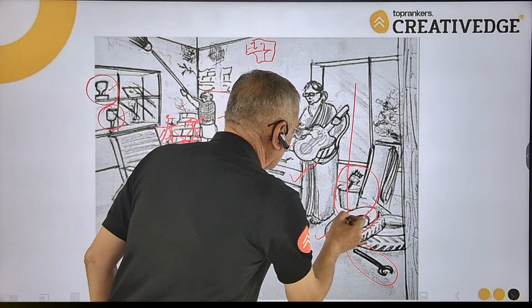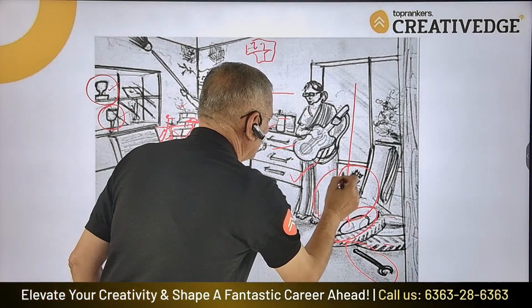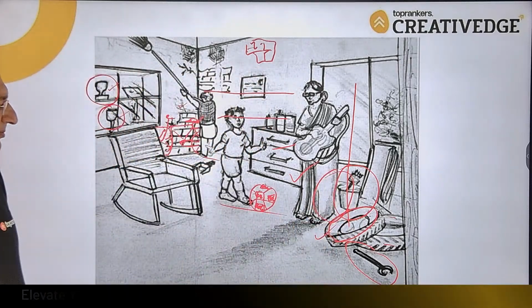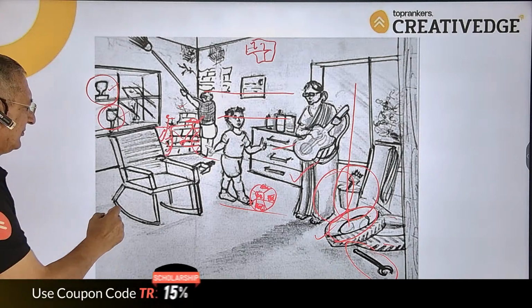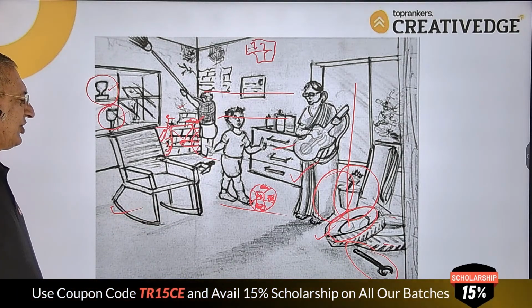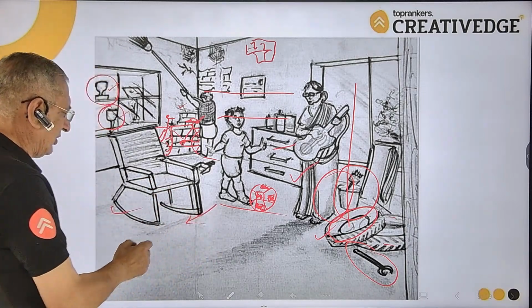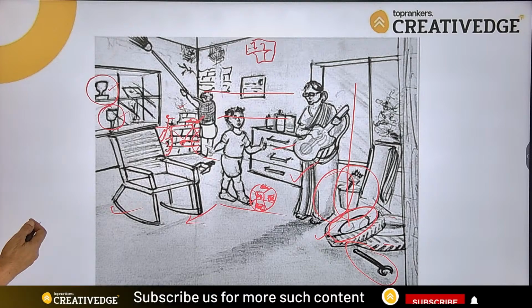Even the tire lying here should be seen as a proportionate thing. The chair, again, being a little nearer to the observer, is in proportion.